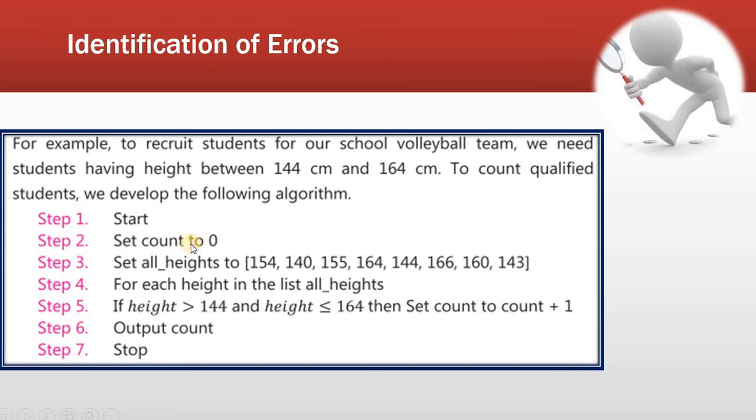Start, set count to 0, set all heights to 154, 140, 155, 164, 144, and so on. So these are the heights which we have written in our algorithm. For each height in the list all heights, if height greater than 144 and height less than or equal to 164, then set count to count plus 1, and then give the answer on the display.